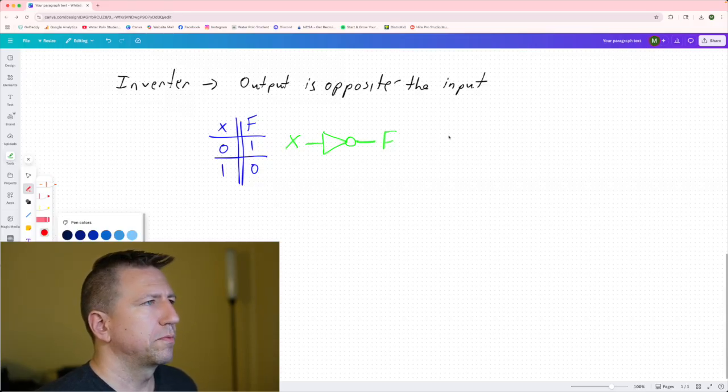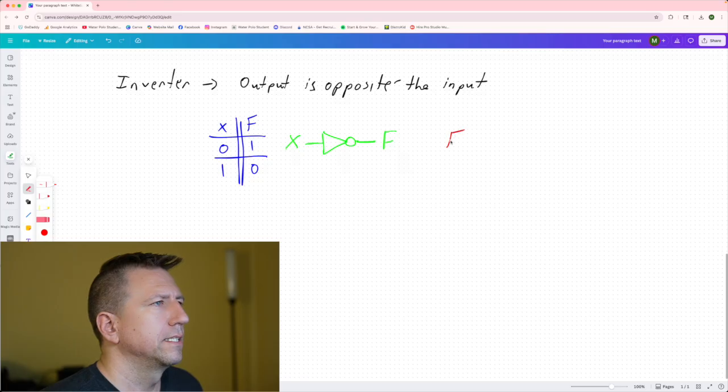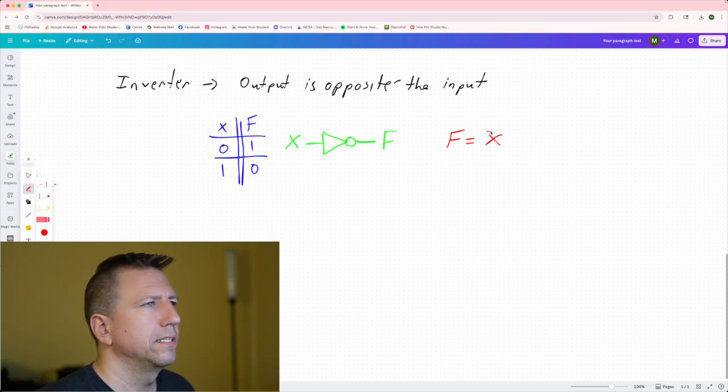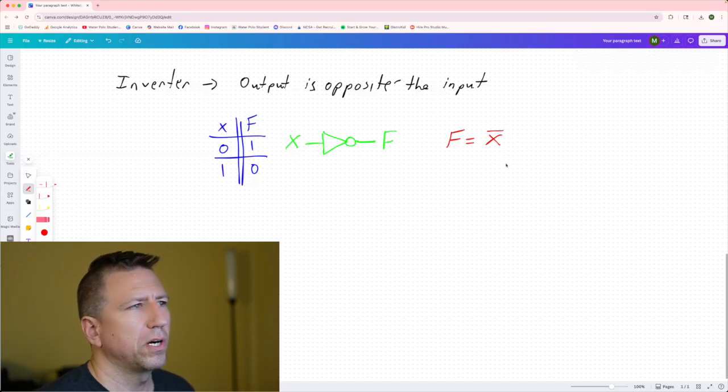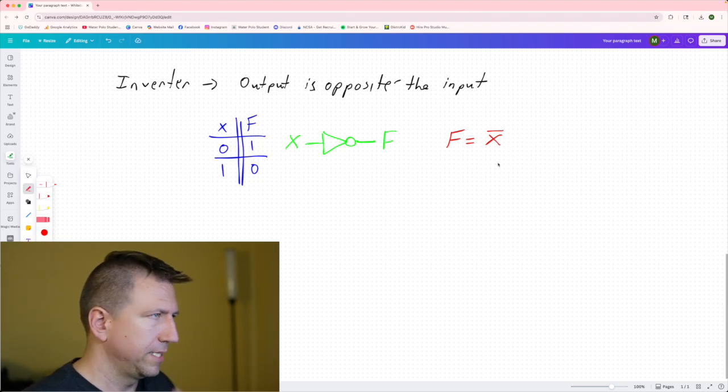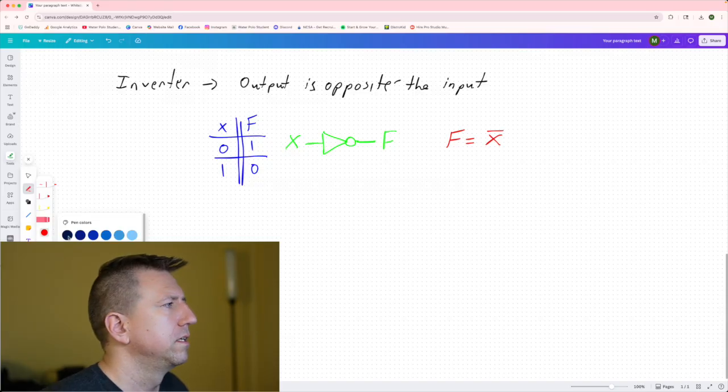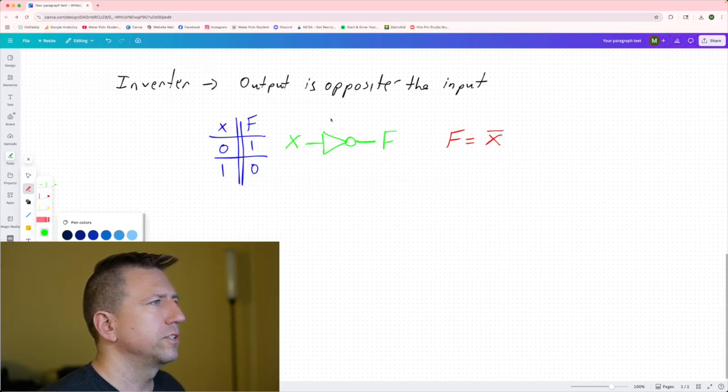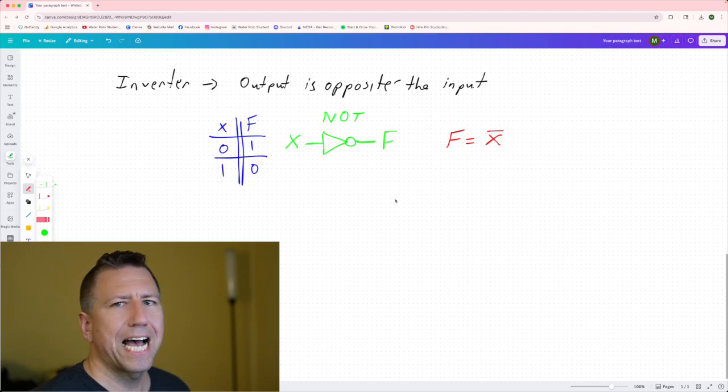And then the Boolean expression is F is X, but how do we represent the operation? It's an over bar. So a bar over the X, and that is the operator that says invert or flip the bit. Another thing you should know is that inverters are commonly referred to as NOT gates.